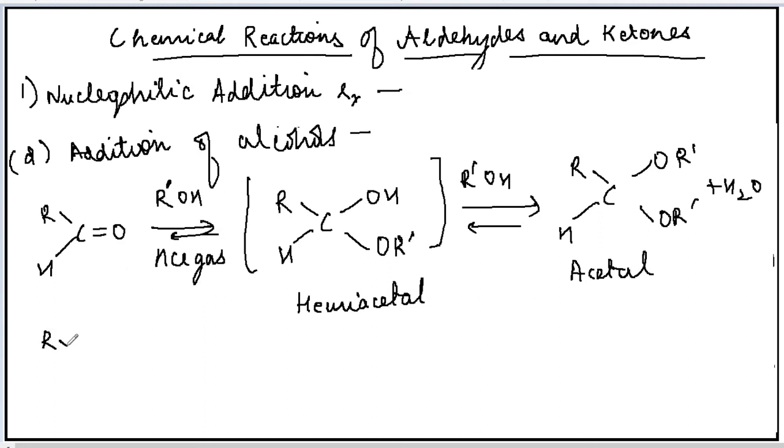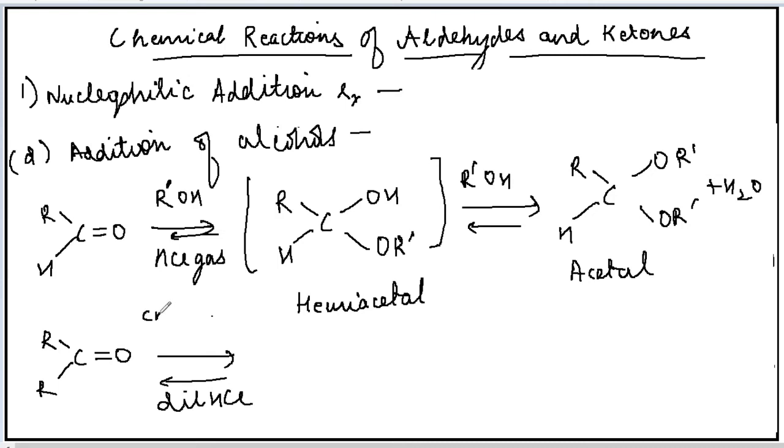Now I will take reaction of ketone with alcohol. This is ketone. The reaction takes place again in presence of dilute HCl. I will just take the alcohol here, ethylene glycol. Instead of taking this alcohol, I will take the reaction with ethylene glycol.